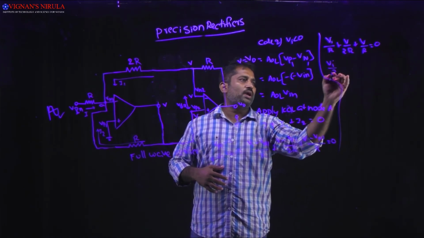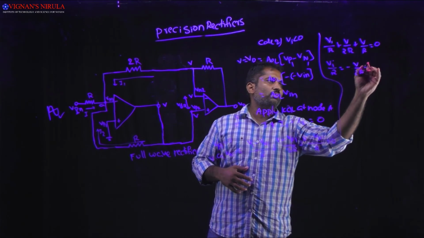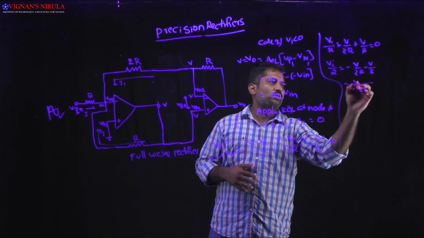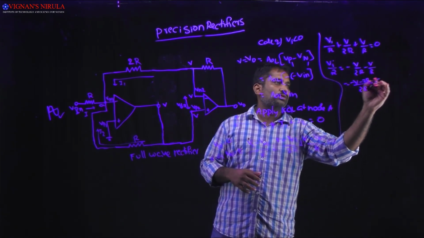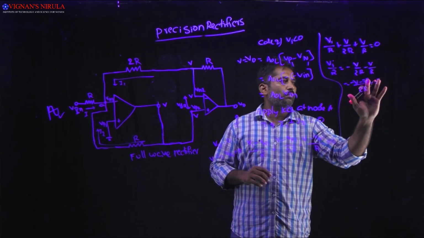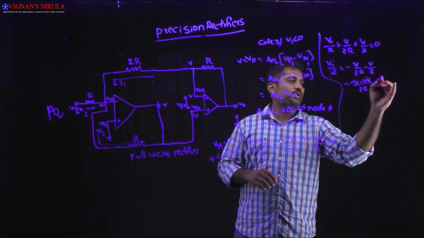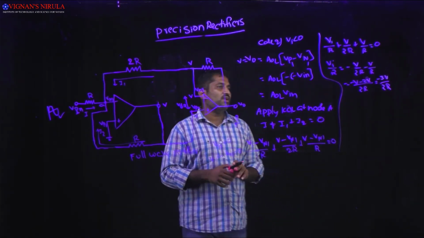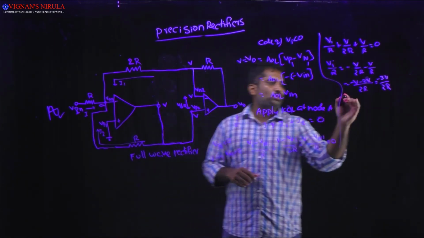Now Vi by R will be equal to minus V by 2R minus V by R. Take the LCM, which is 2R: minus V minus 2V, which equals minus 3V divided by 2R.